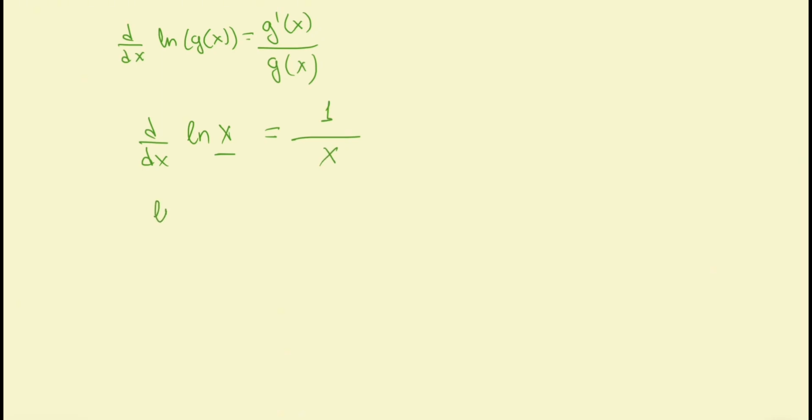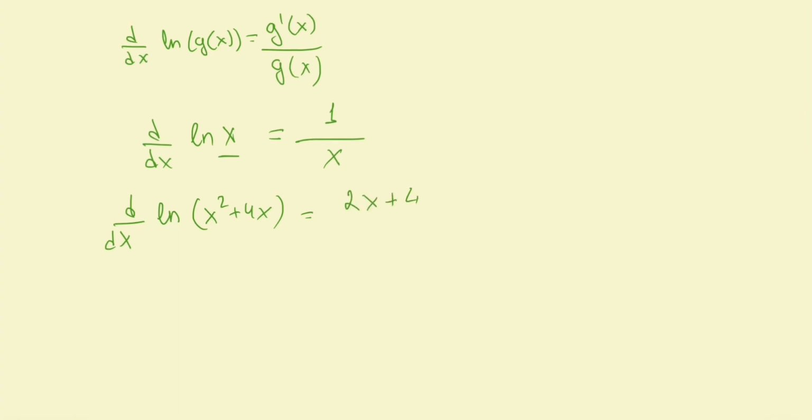Let's try to derive natural log of x squared plus 4x. Derivative of this would be 2x plus 4 over x squared plus 4x. This was the derivative of the g of x. And this is the g of x itself, using this formula.